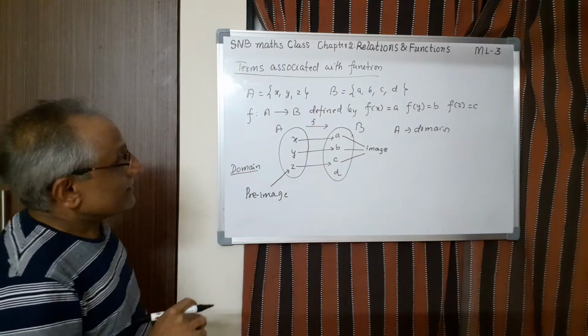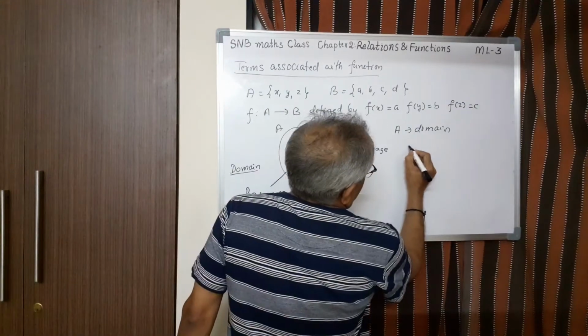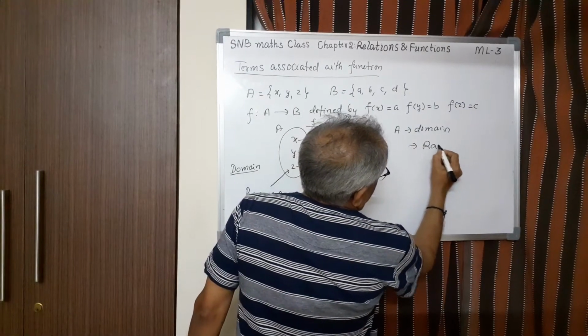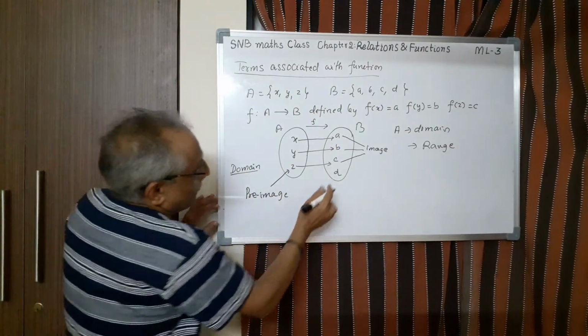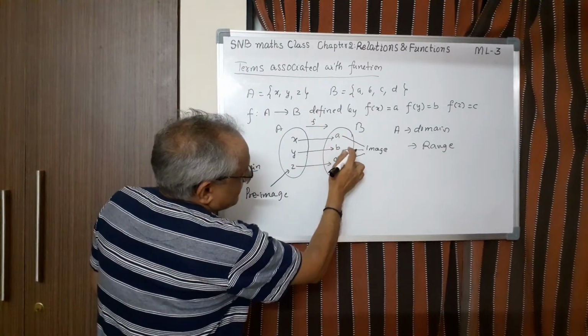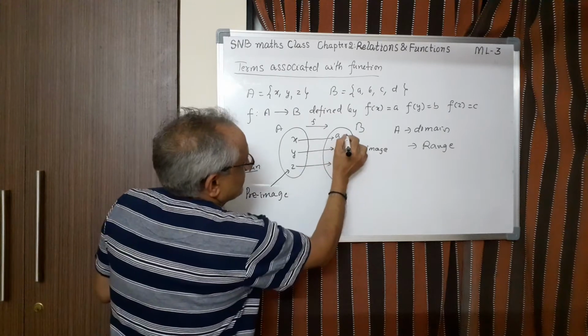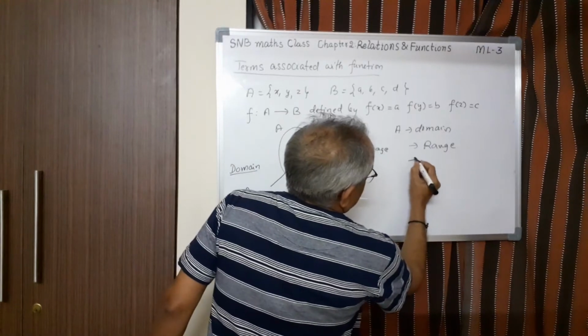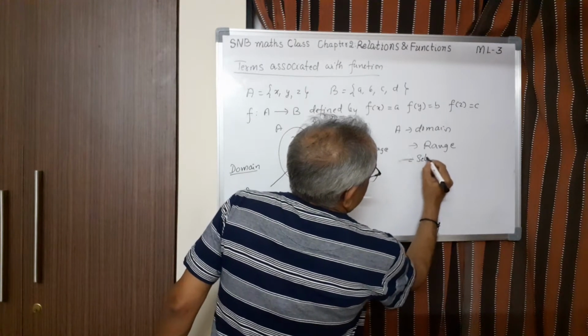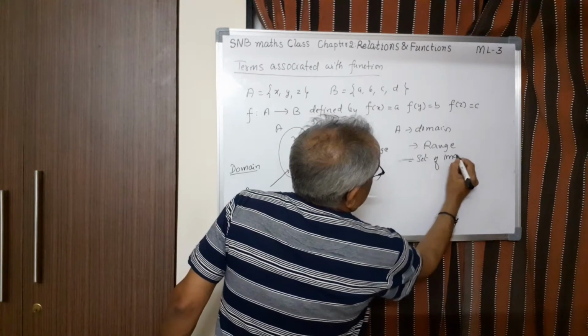So then the second concept is range. Range here means all the images if you take, that is range. So range is the set of images.